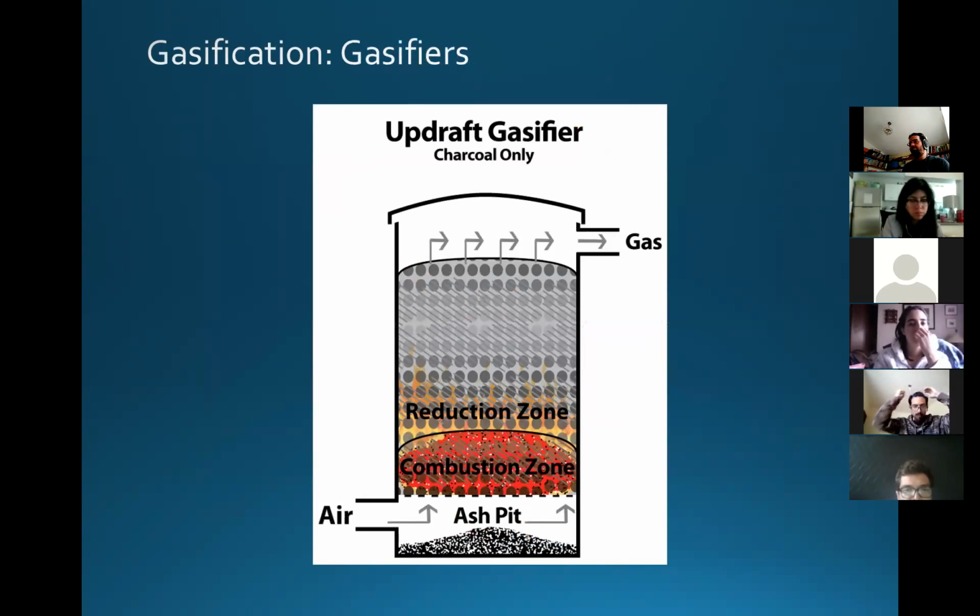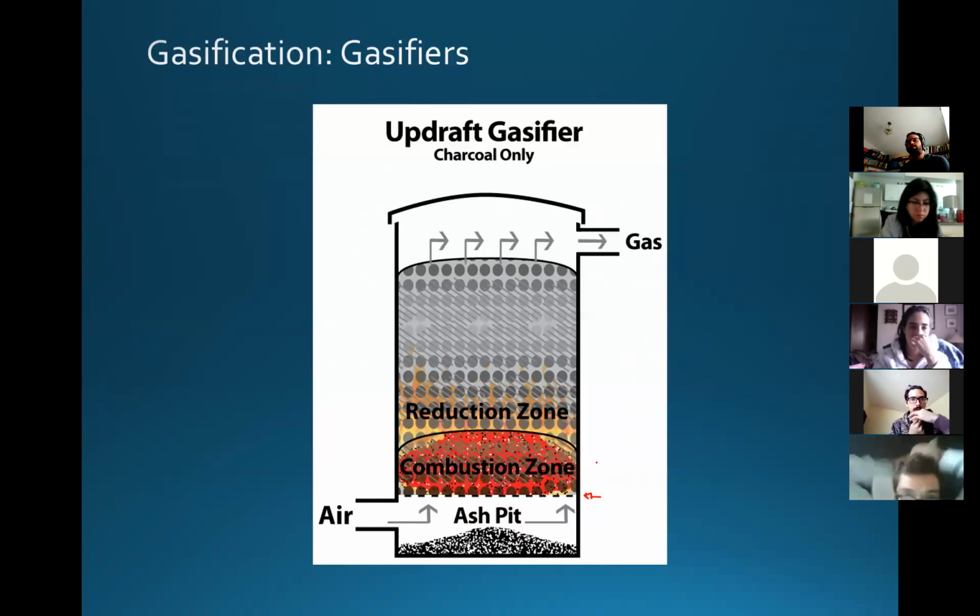You have to meet a couple of things in the design, but it's not too much. At the bottom, we have an inlet of air. And here we have this dotted line, which is like a grill to sustain the biomass or the fuel that you're using. It needs to have holes for the air to go in and the ashes to go to the ash pit that is below.